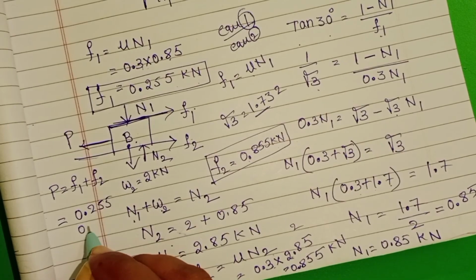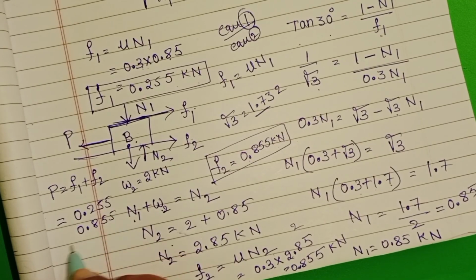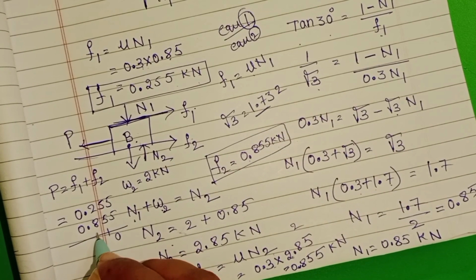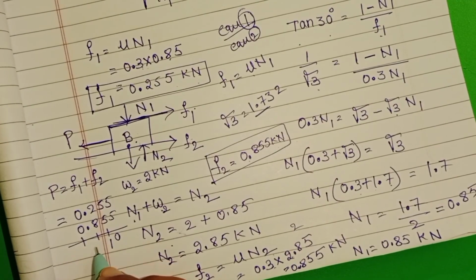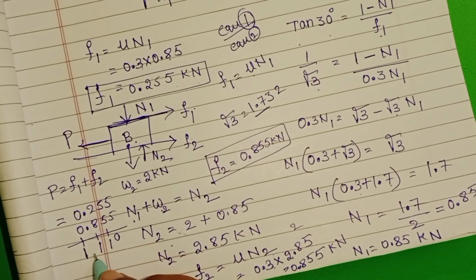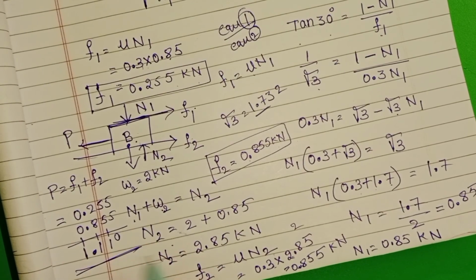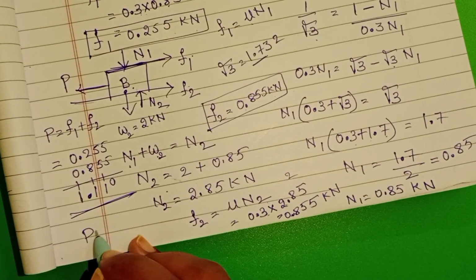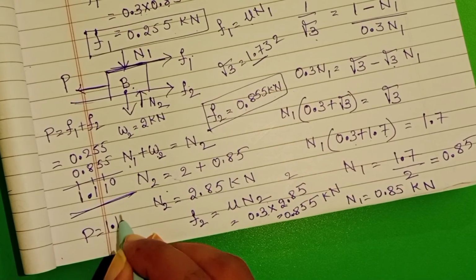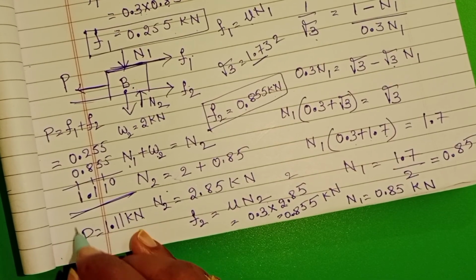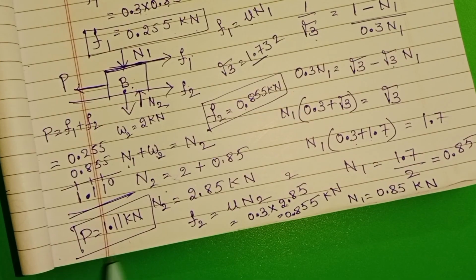Adding 0.255 and 0.855: 10, 11, here also 11, 1. Decimal part is 3. 1.11 kilonewton. The value of P is 1.11 kilonewton. This is the required force.